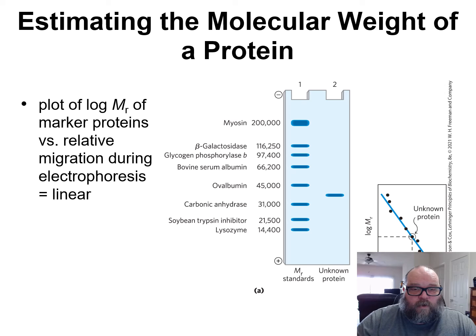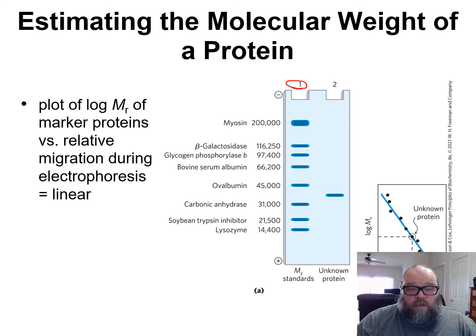What you see here, though, in lane 1, is what is referred to as a protein ladder. A protein ladder is a man-made composition of different proteins, as you see here: myosin, beta-galactosidase, bovine serum albumin, ovalbumin, and so on.